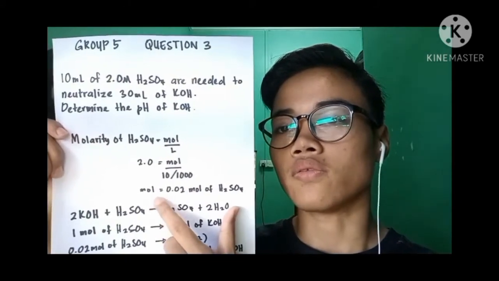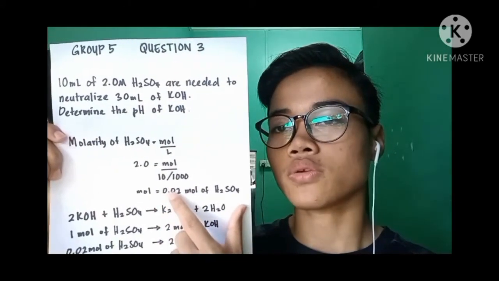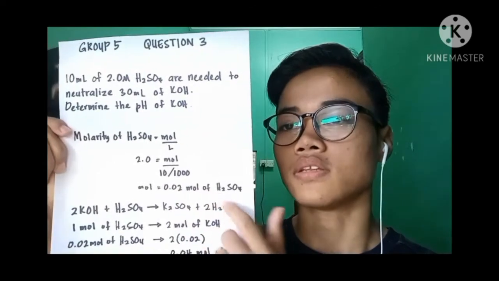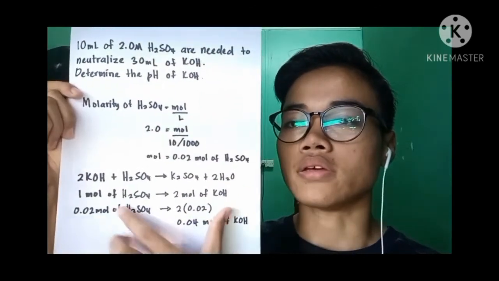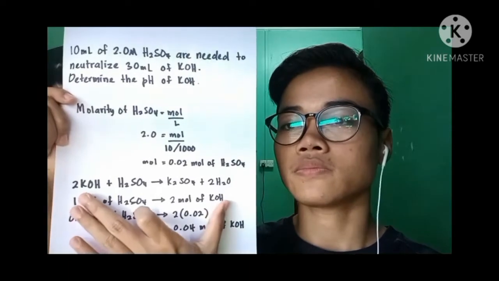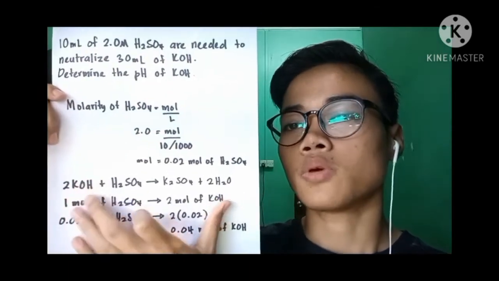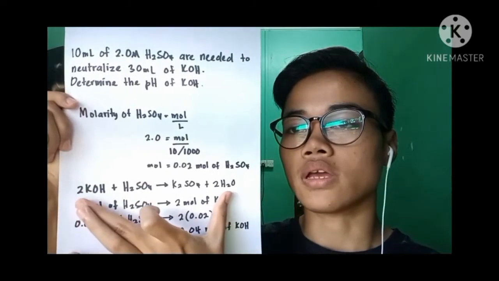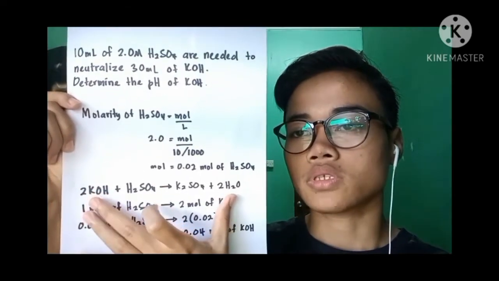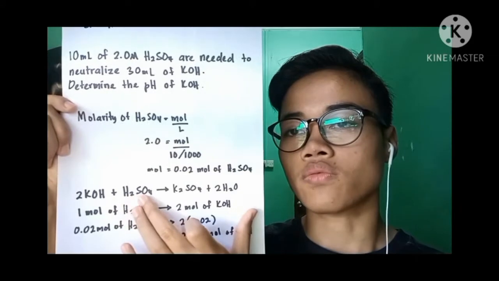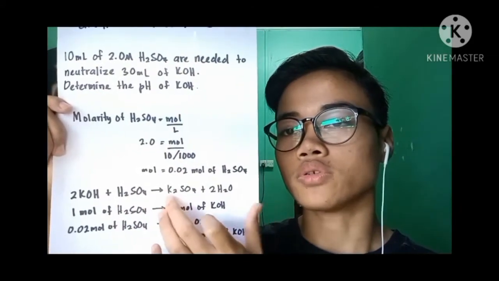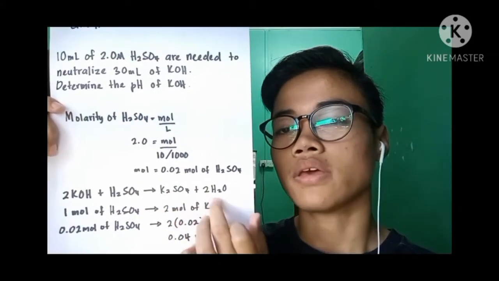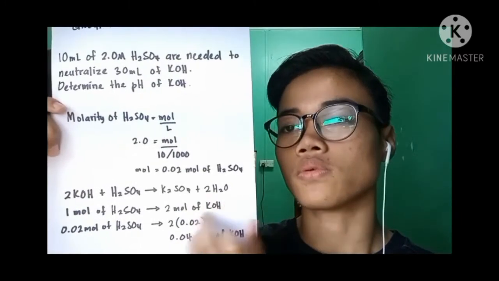So we will get the value 0.02 mole of sulfuric acid. Then we write the balanced equation of potassium hydroxide and sulfuric acid. So I will get 2 KOH plus H2SO4 will produce K2SO4 plus 2H2O.